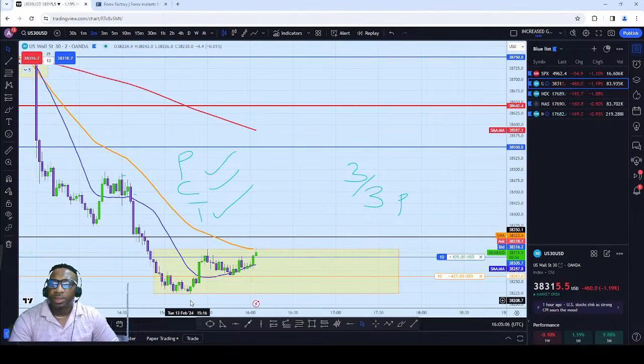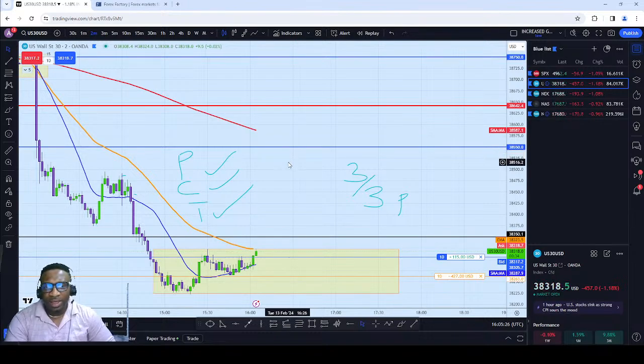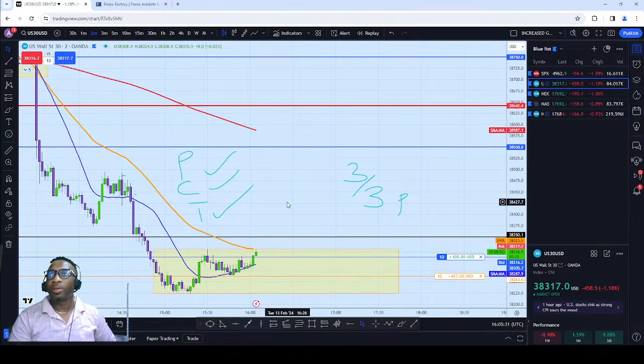Looking at the way things are, US 30 is kind of being held at this high, the previous high it got before it pulls back. So we just hope it will take out this previous high and then do its thing upwards.